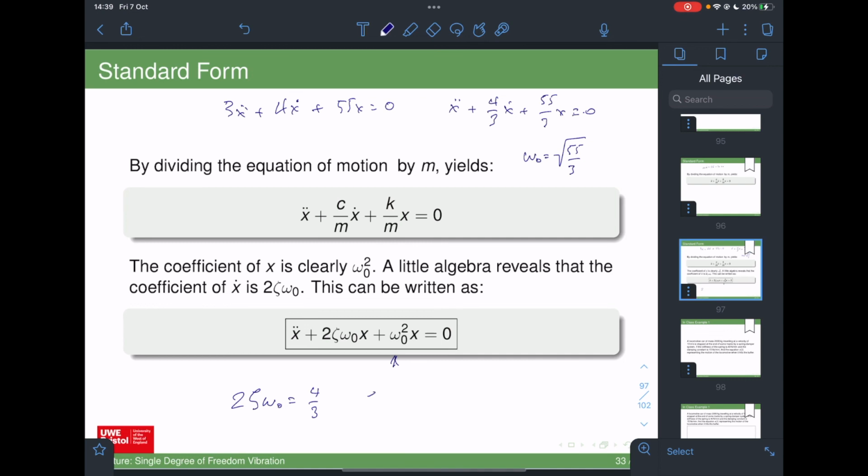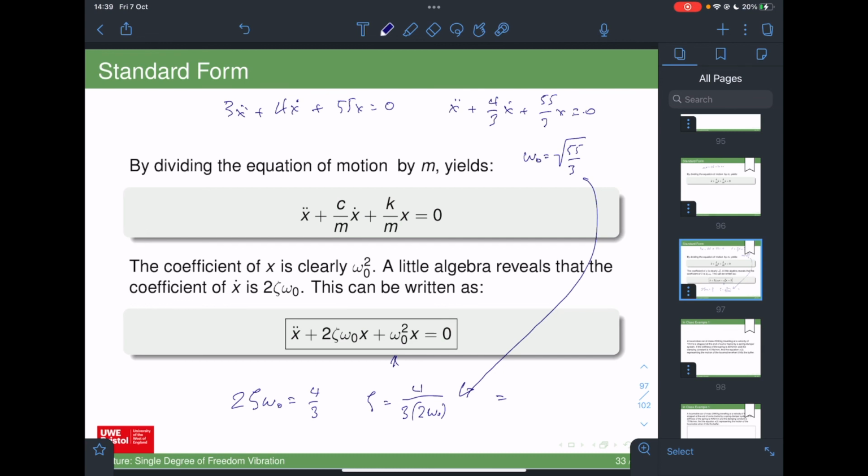So I know my zeta is going to be 4 over 3 divided by 2 omega naught. If I know what omega naught is, I can feed that in there and I'll get a value for the damping ratio. So just from the equation of motion, knowing those things, I can work out this and this.